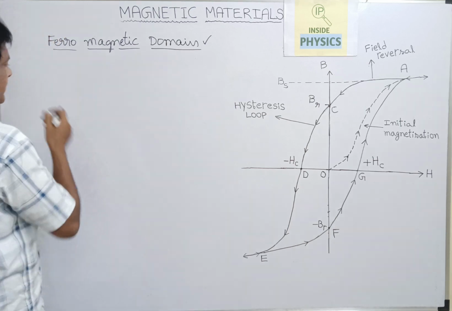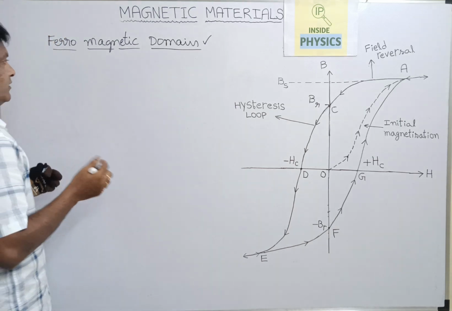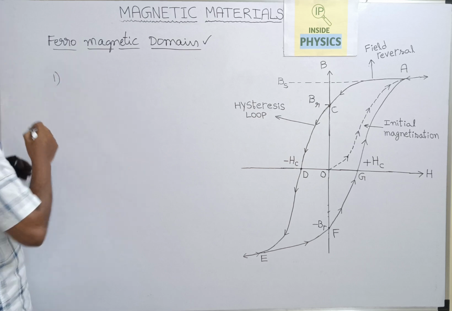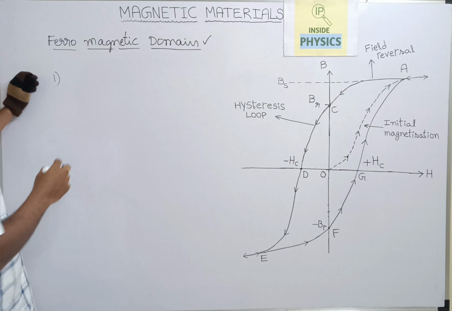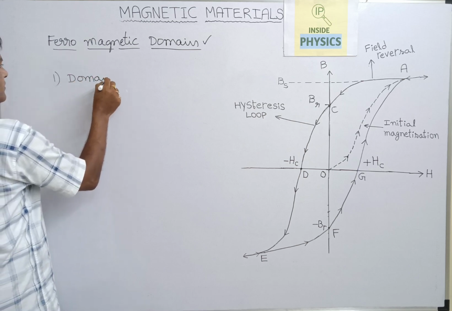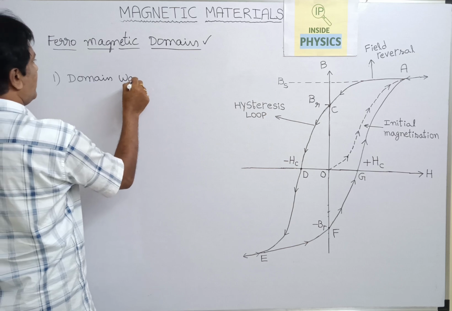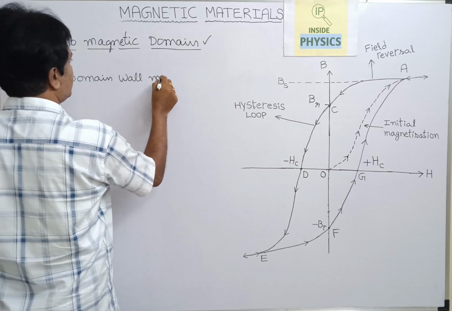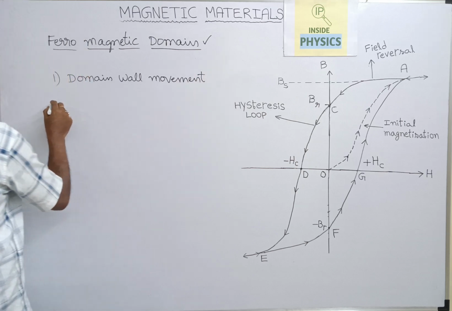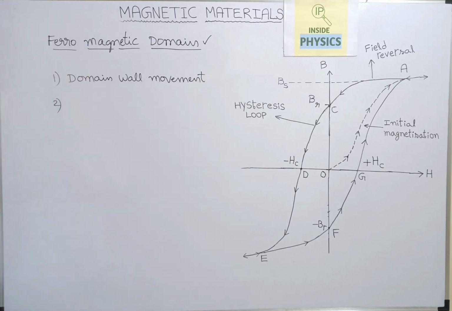Now how do we represent the domain orientation? How do they actually orient? There are two types. The magnetization happens generally in two ways. The first is domain wall movement, or we may call it motion of domain walls.